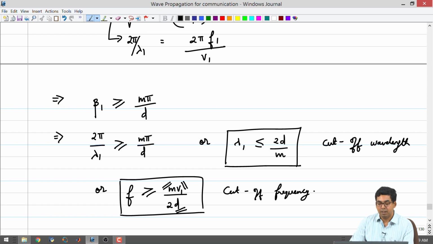Below that frequency the fields will not survive in this configuration. This means that the waveguide is actually an element that in signal processing you would call a high pass filter. You supply all frequencies, and the waveguide will transmit only frequencies above this cutoff frequency. So, it is a high pass filter by nature.